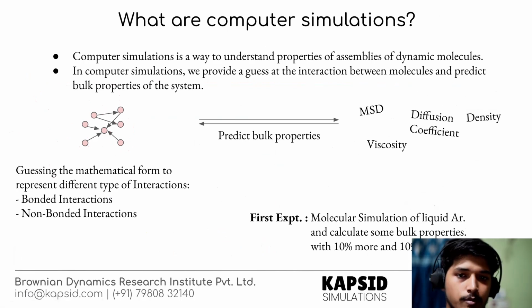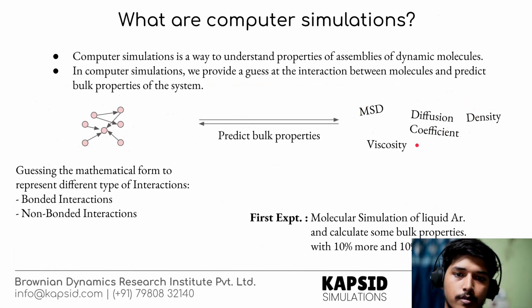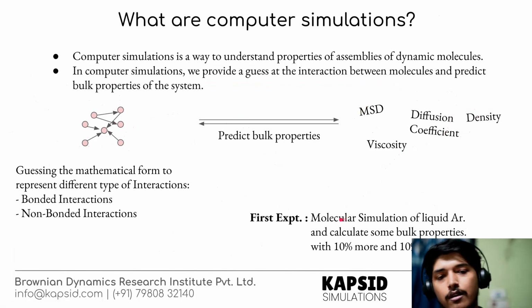So basically, that's a simulation. Coming back to the original question, we provide a guess of the strength of attraction or repulsion between these two argon molecules, and in return I get some bulk properties of that whole system. That's exactly what we are getting.